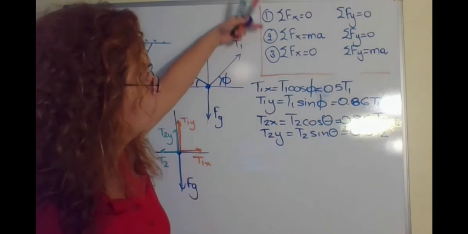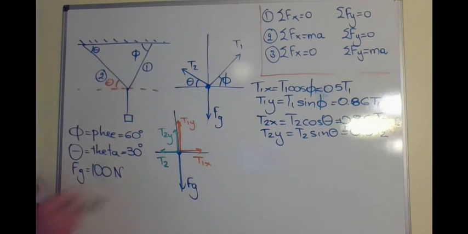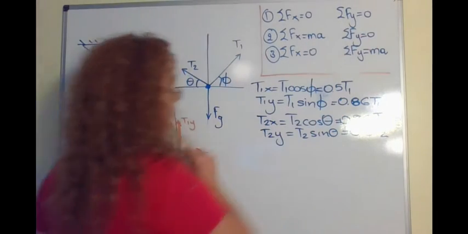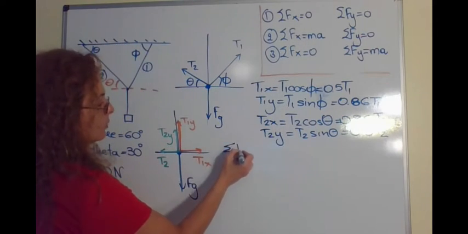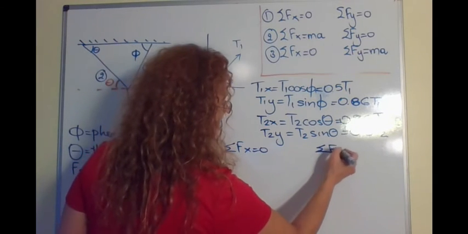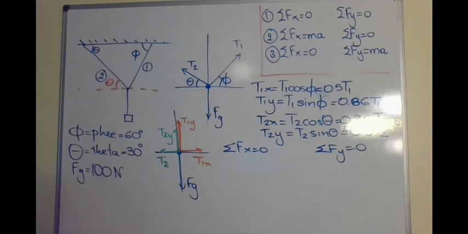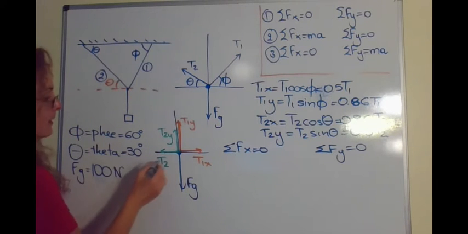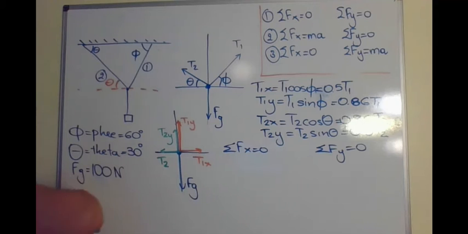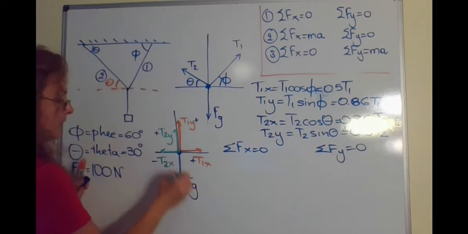The next step is finding which option we have. The node is not moving, so we have the first option, meaning that the sum of forces on both the x and the y-axis should be 0. So the sum of forces on the x-axis, I forgot an x here. Positive, negative, positive, positive, negative.